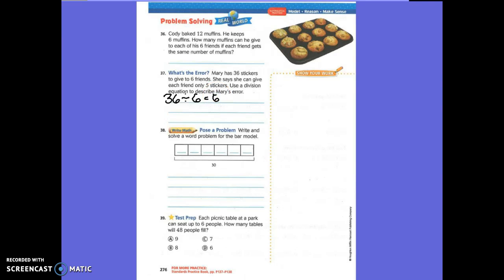Okay, so she says that she can only give 5 stickers to her friends, but how many stickers can she give? 6. Okay, Mary can give her friends 6 stickers. Not 5.